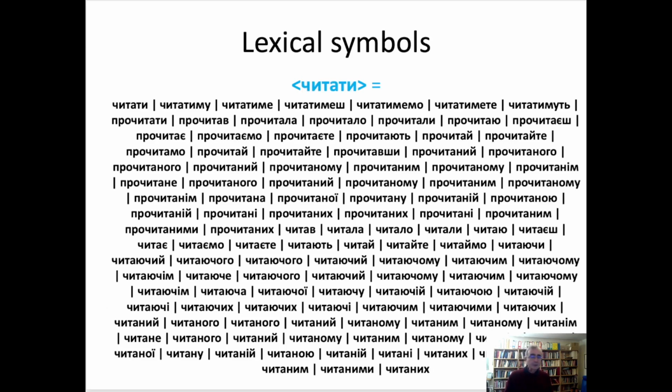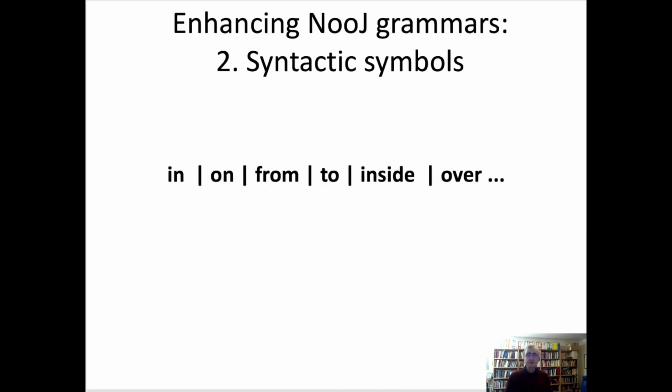The second enhancement that you can have with NooJ, the fact that NooJ can access linguistic resources, is syntactic symbols. So if we wanted to look, for example, for any preposition, the problem is, we have to make the list. This is not required anymore, because in the NooJ English module, we already have the dictionary that contains all the prepositions.